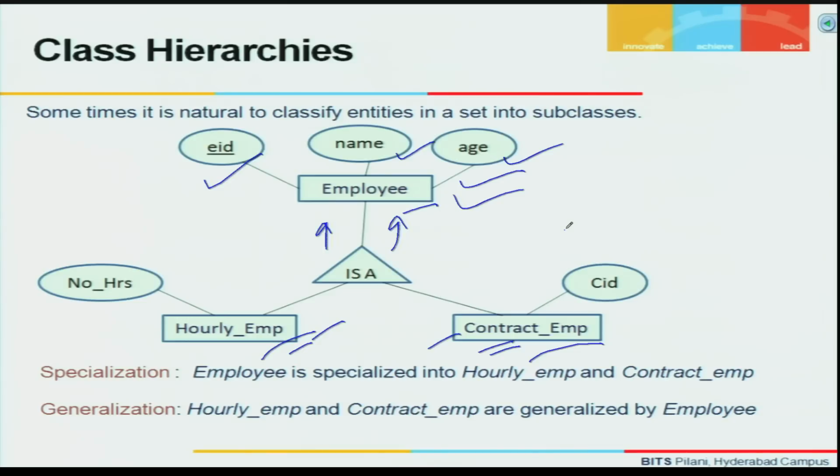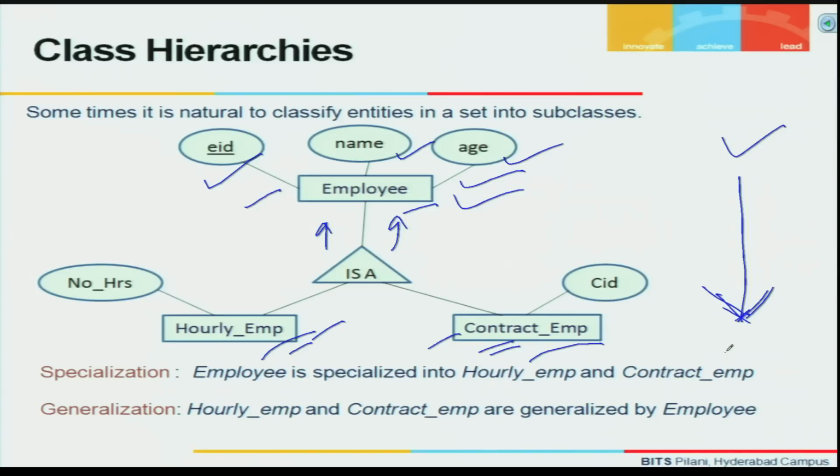In this example, first I have the superclass, and based on some criteria I classify the instances in the superclass into two categories. It is called specialization. In specialization, the employee entity set is specialized into hourly employee and contract employee. That means first I have a superclass, then I derive subclasses.